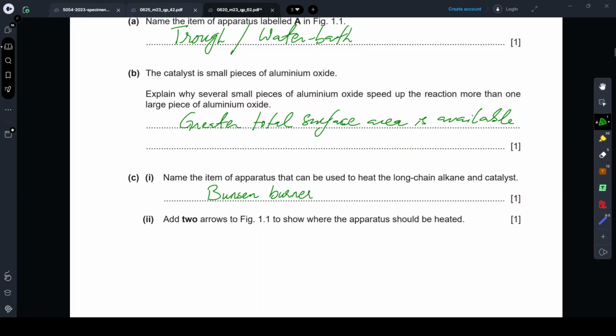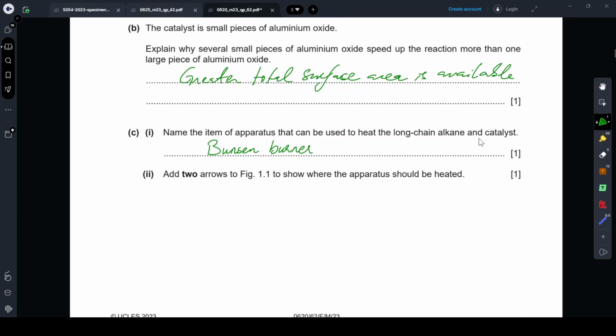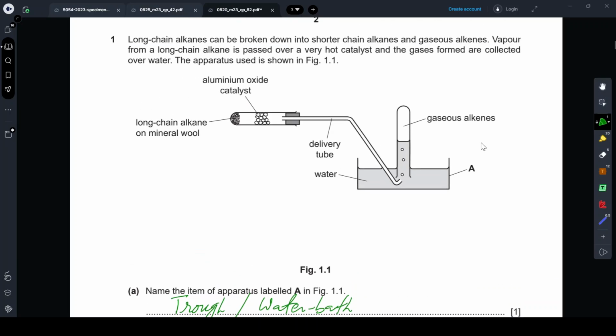All right, add two arrows to show where the apparatus should be heated. So you need two arrows. Where are you going to provide heat? One underneath the catalyst, and one under the long chain alkane.